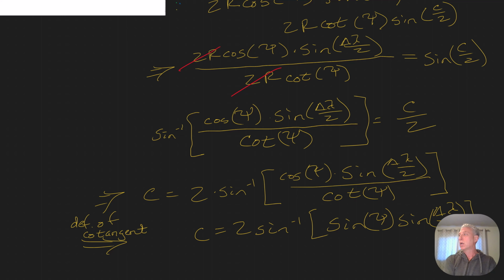You have sines, which you have to look up in tables, and then getting the arcsine of products of sines was not something that was very easily done back then. And so that's why we come up with approximations.